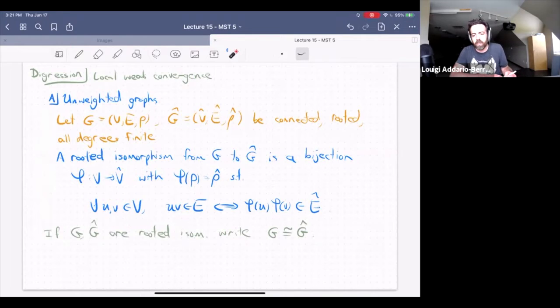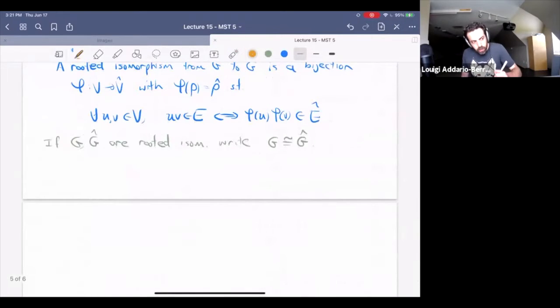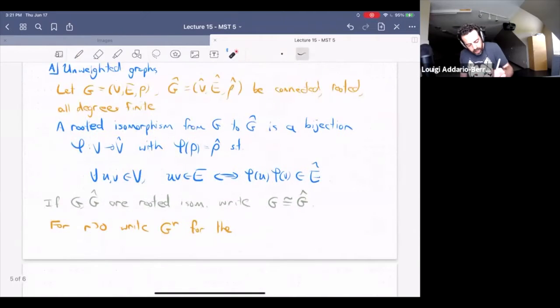It doesn't matter if the vertex set is 1 up to 26 or A up to Z, as long as the local structure is the same. So now to look at the local structure, let me write G_R for the subgraph of G where you only keep things that are at graph distance at most R from the root.